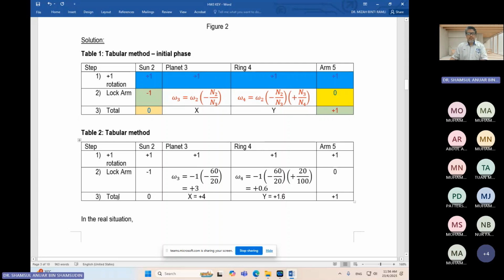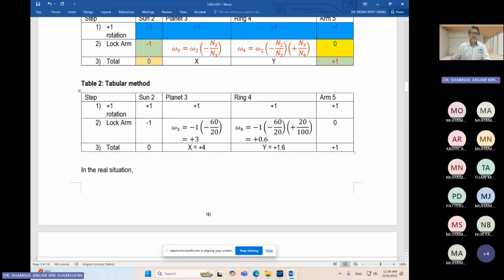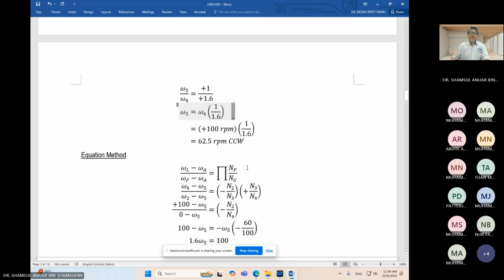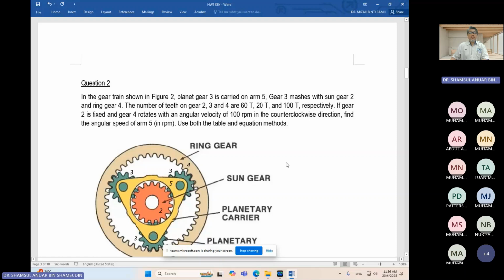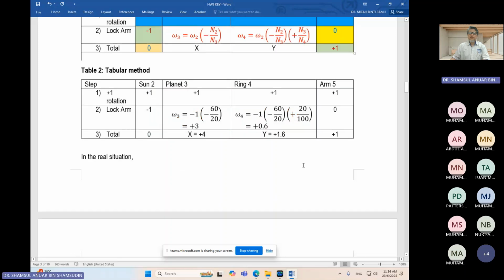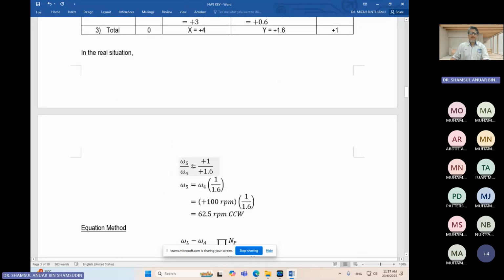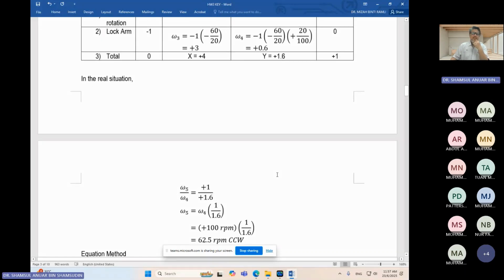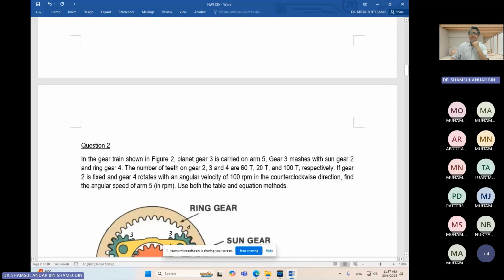Okay, so now when we already got the ratio for the total, so this is the reality. So the reality. So back to the question here, find the angular speed of arm 5 in RPM. So you basically want to find omega 5 divided by omega 4, because in the reality, omega 4, gear 4 rotates at 100 RPM.